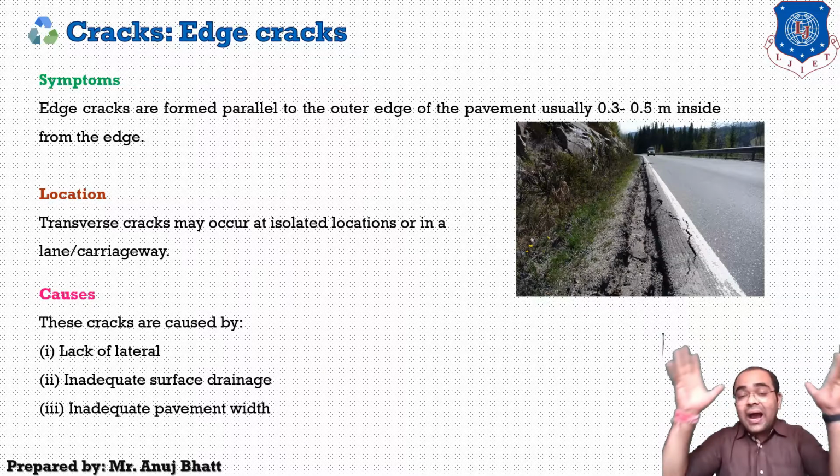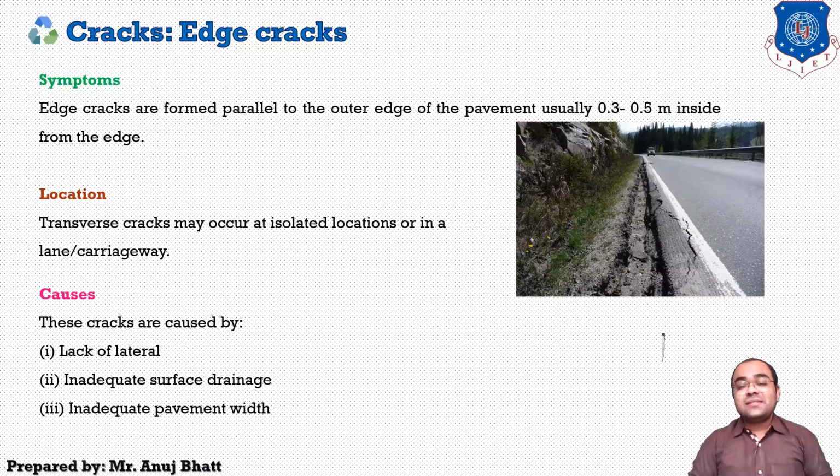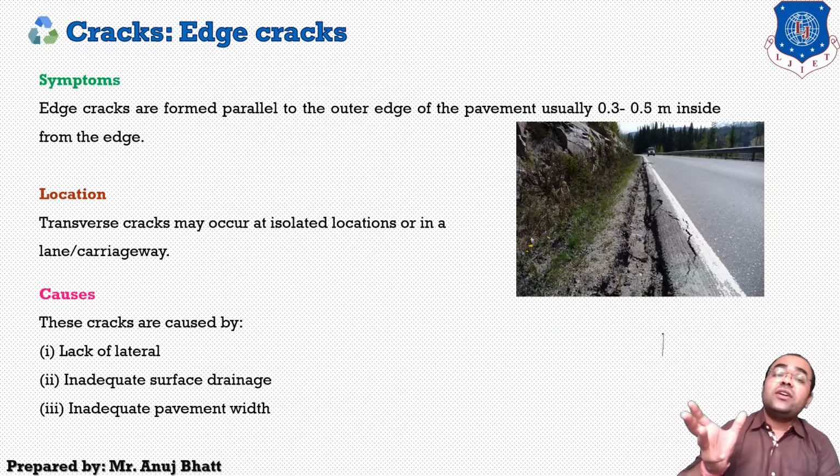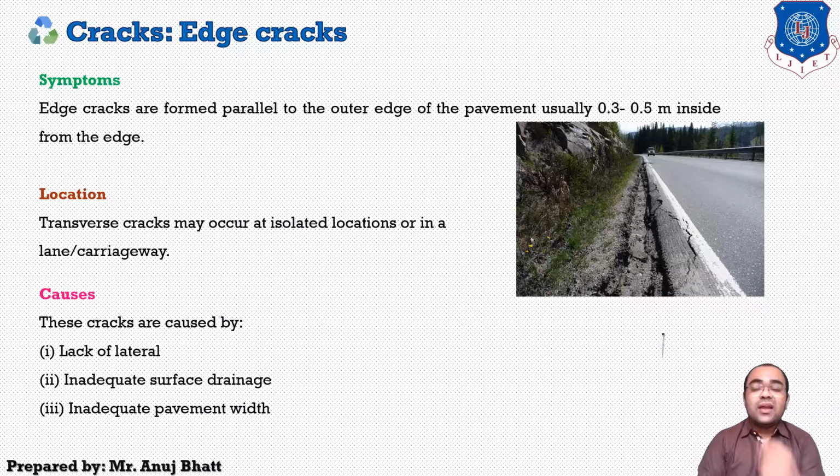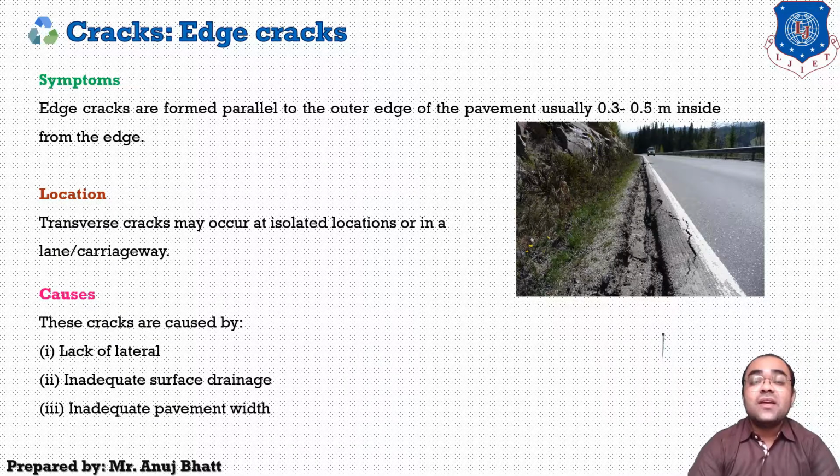So these all are the causes because of which such kinds of cracks occur. Okay, but the lack of lateral support, inadequate surface drainage and inadequate pavement width are the main causes why these edge cracks occur.